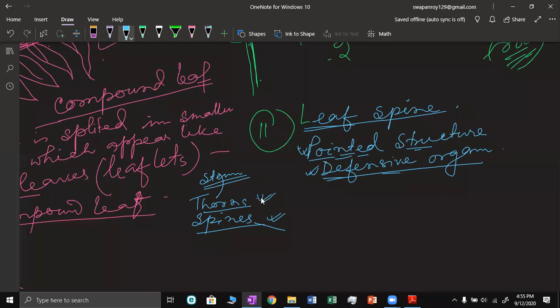Thorns are thicker and stronger, but spines are thin structures.